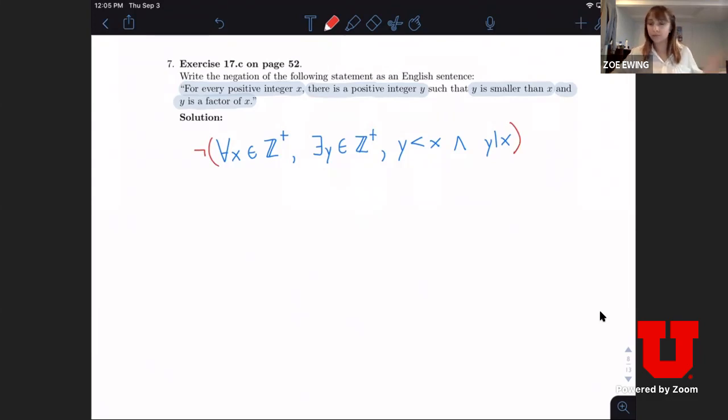All right, I'm going to bring us all back and let's go through the negation in logic, and then we'll translate it to English. So the negation of the first part is going to be there exists an x in the set of positive integers, and then we negate the rest.